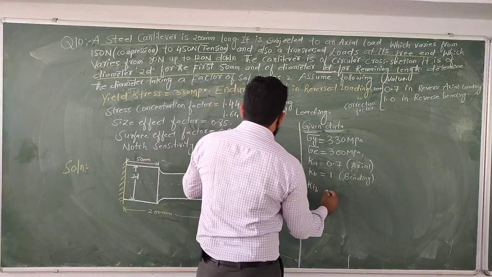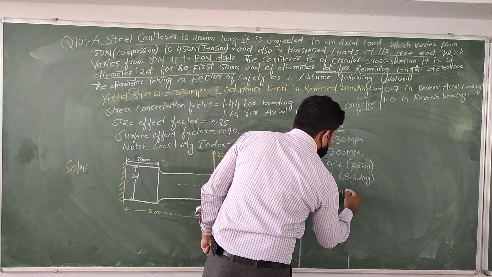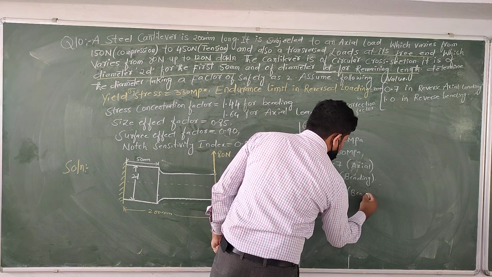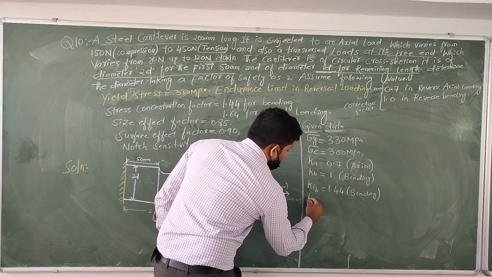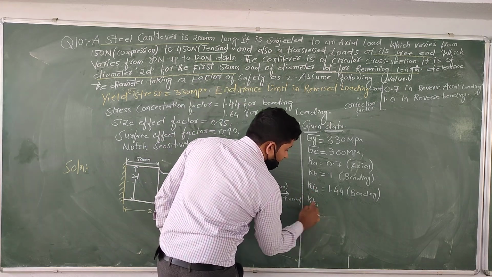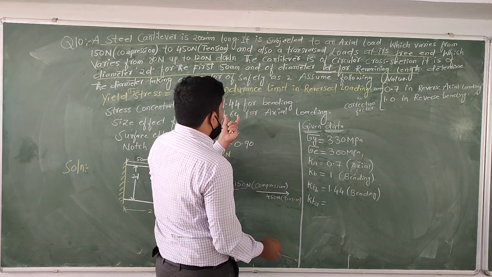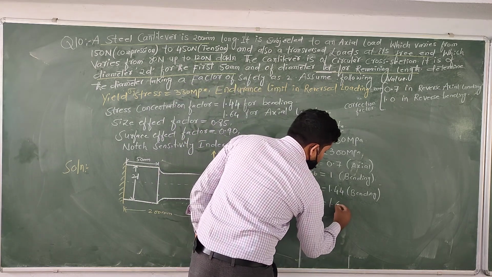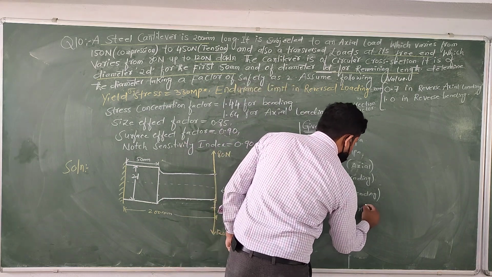Is it right? How much is given? 1.44 for the bending, as well as the stress concentration factor for the axial, it is represented by Kta. Is it right? How much is it given? 1.64 for the axial. Okay, dear.